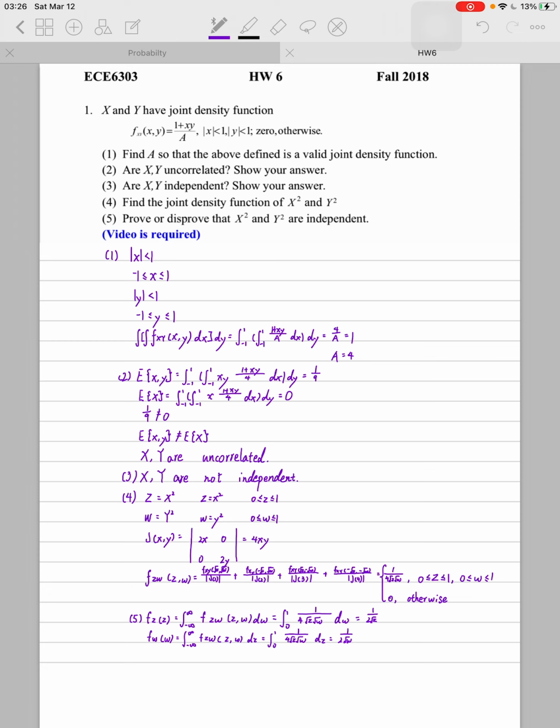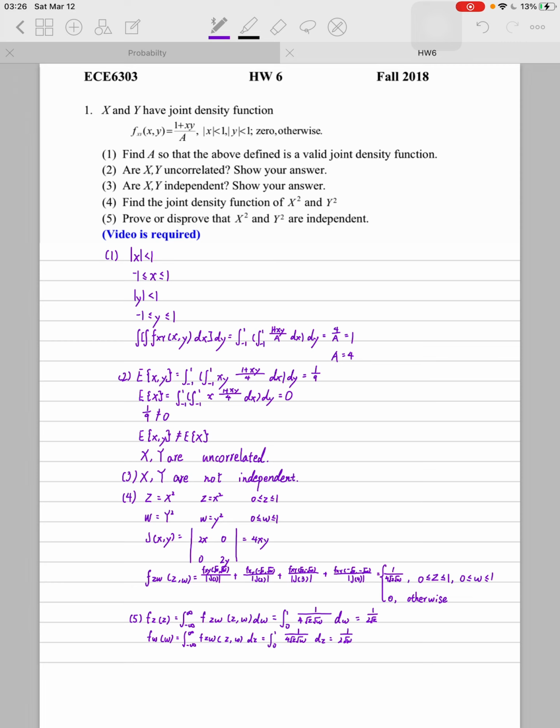E[X] equals the integral from negative 1 to 1 of the integral from negative 1 to 1 of x times (1 plus xy over 4) dx dy, which equals 0.